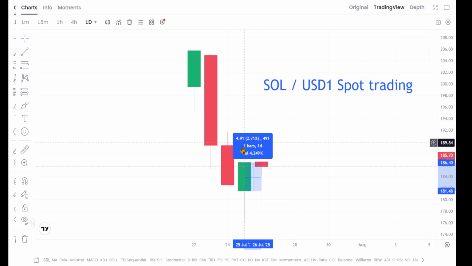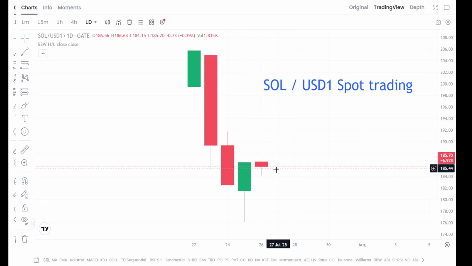So in this one day, on 25 July, the market price of Solana has increased to 4.91 USD1, 2.71%. And 491 USD1 was the profit for this day, and in this day 4,249 Solana has been traded.